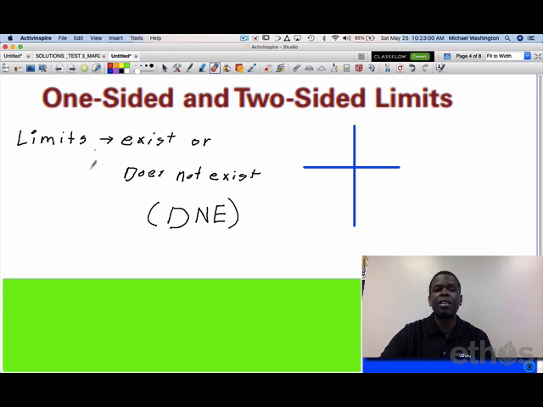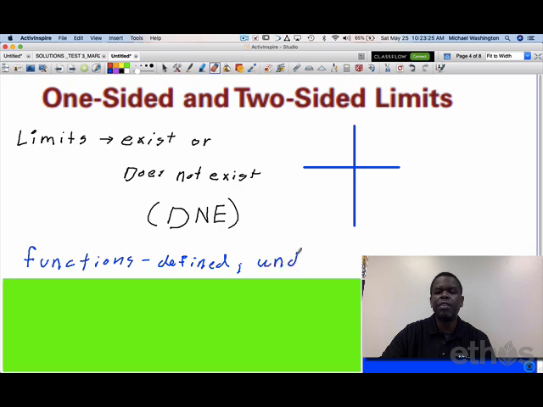Now, this is in contrast to what you know about functions. When we talk about a function from pre-calculus and those earlier algebra classes, functions are either defined or they are undefined. We say a function is defined at a particular value, or we say that the function is undefined.